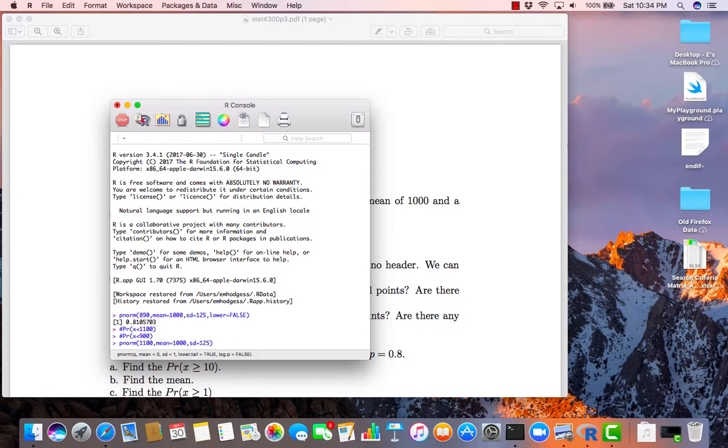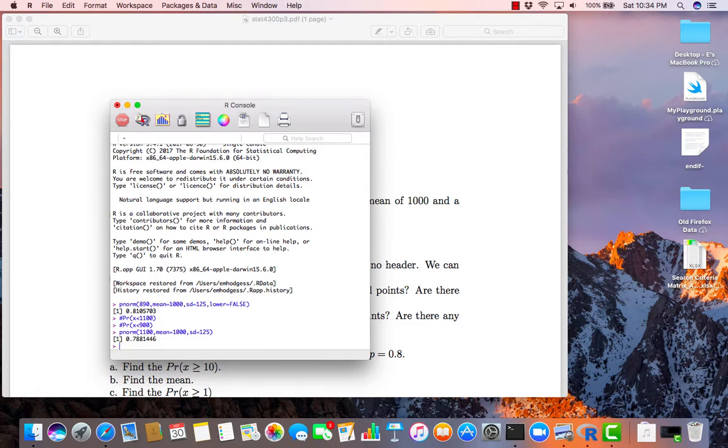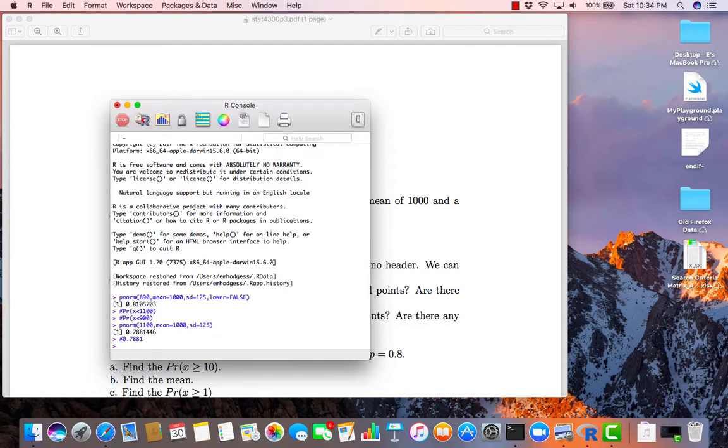Now I don't have to write lower equal false because I'm pointing to the left. I can just leave that alone. And I have 0.7881. I'm just going to take the first 4 digits. Okay. We'll come back to that in a second.